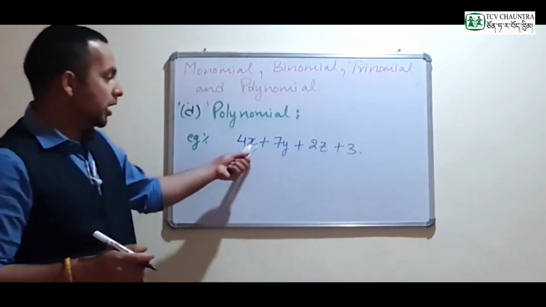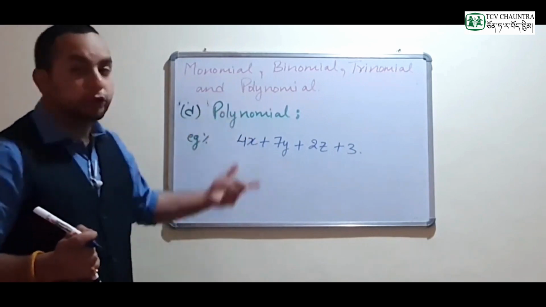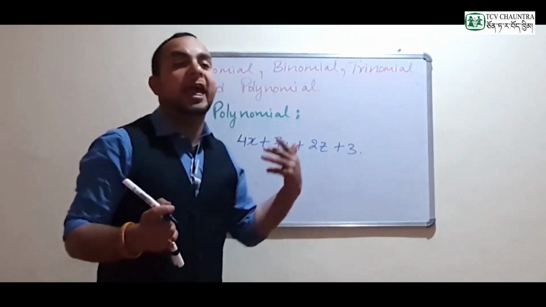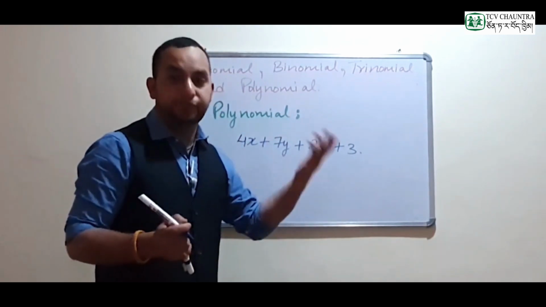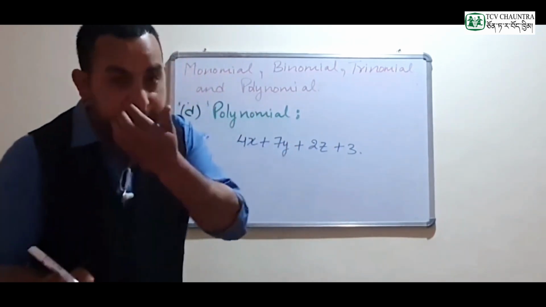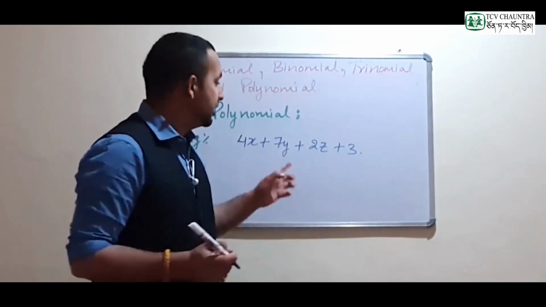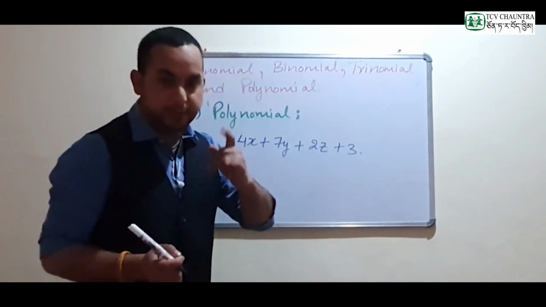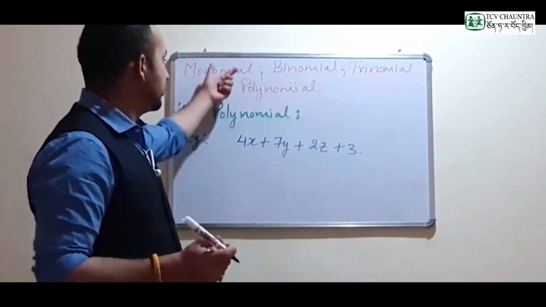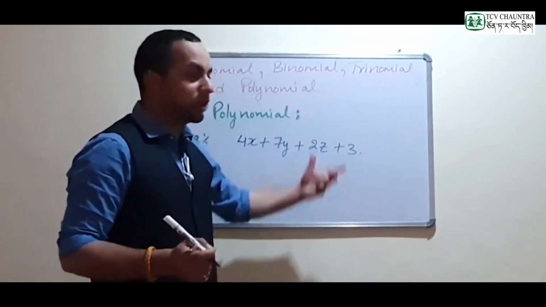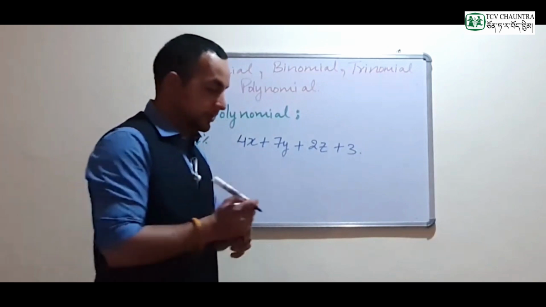How many terms? 1, 2, 3, 4, right? I already told you that polynomial means there could be any number. It could be 1, it could be 2, it could be 3, it could be 4. But polynomial doesn't mean there are 4 what? Terms. Polynomial doesn't mean 4 terms. Polynomials can be monomial, binomial, trinomial. But polynomial doesn't mean 4 terms.